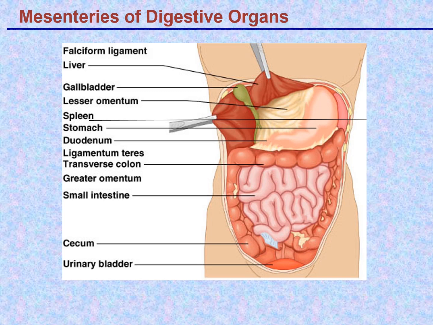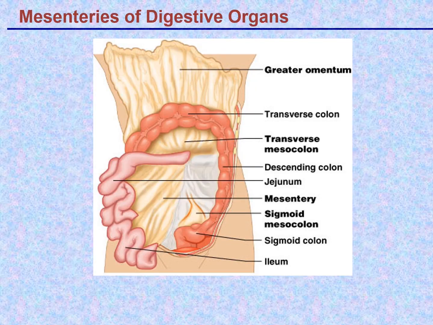They're all hanging off of that, but it's easiest to see if you just take a single loop of small intestine and raise it up, and then you can see it most clearly. Okay, omentum is just a term for the fat material that's within the mesentery.